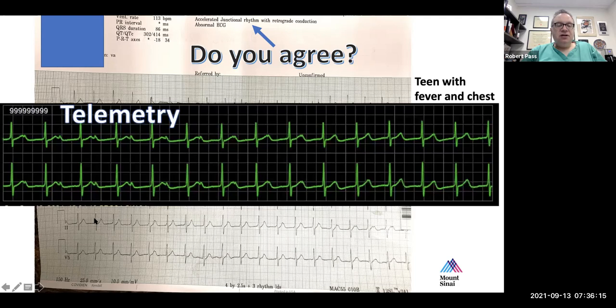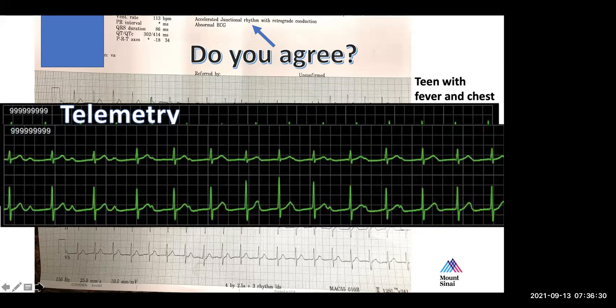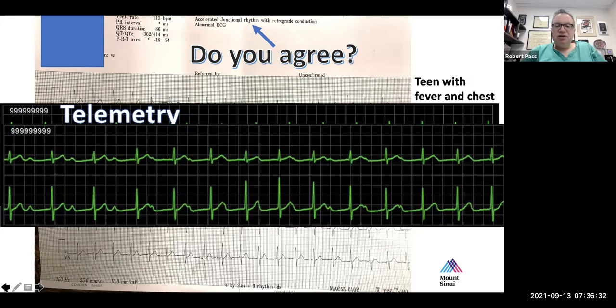So this actually was the telemetry that was obtained on this patient after being in the unit for a short while. Any new thoughts on this rhythm now that you've gotten a chance to look at this tracing? Here's another tracing from the same patient.